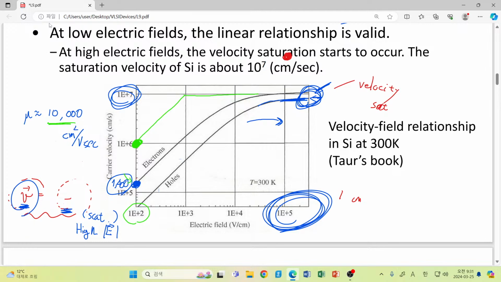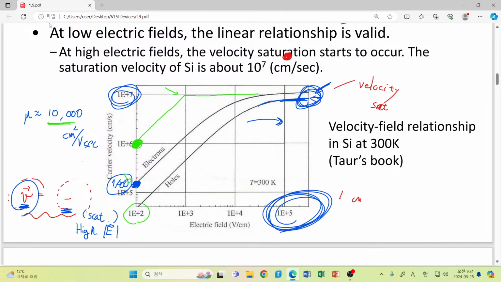So what is it? Although it starts from quite high speed because it has a higher mobility than that, eventually when we apply a high electric field, the velocity is determined not by mobility but by the saturation velocity of a certain material. And unfortunately the level of saturation velocity is more or less just 10 to the 7 centimeters per second at room temperature.